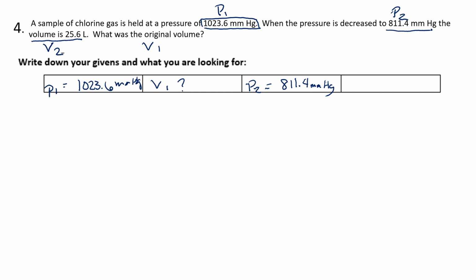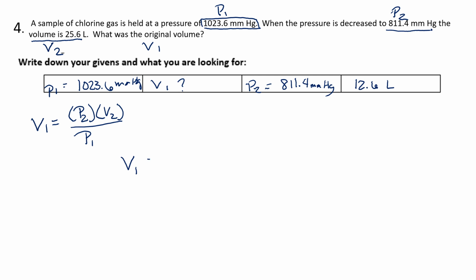And our ending volume was 12.6 liters. So our formula for V1 is P2 times V2 divided by P1.